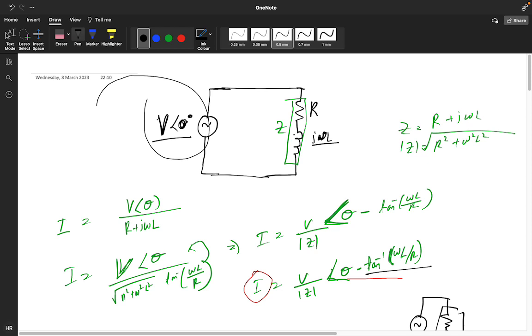Then you will not have any difficulties in this concept, because when I was studying this concept, it took me a lot of time to understand. So while I am teaching it, I am repeating it again and again for RL, for RC, for RLC, so that you guys will not face any problem.